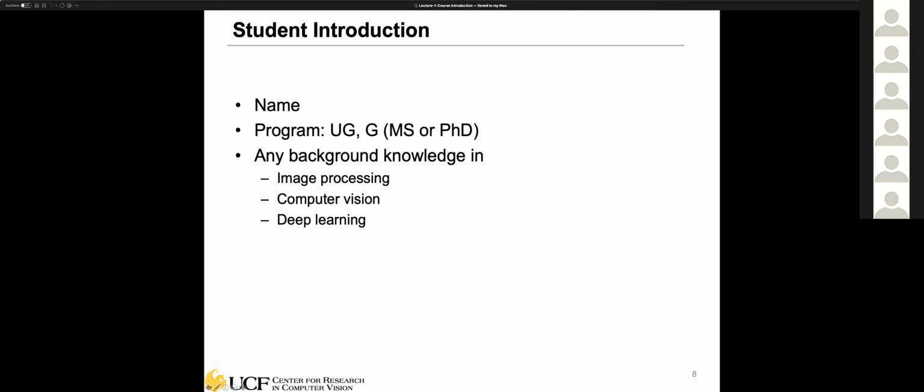Then next, Crystal. Hello, I'm a master's student in computer science. My current project is pose and action detection in animals. I don't have a very strong background in computer science or computer vision. I worked more on the biology aspects, which is more of what my project is geared towards.